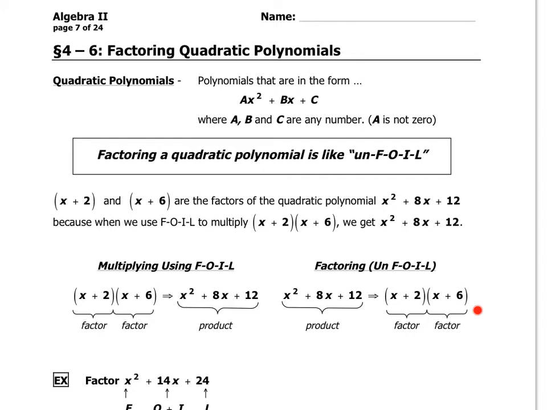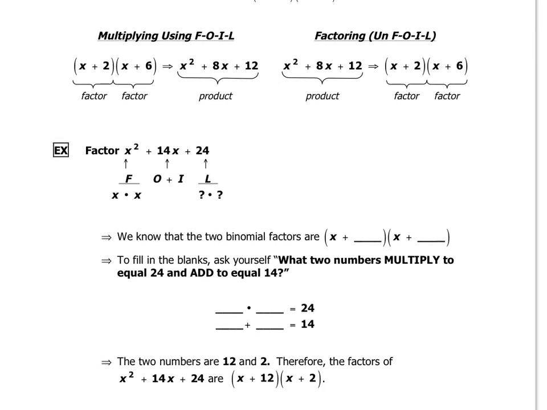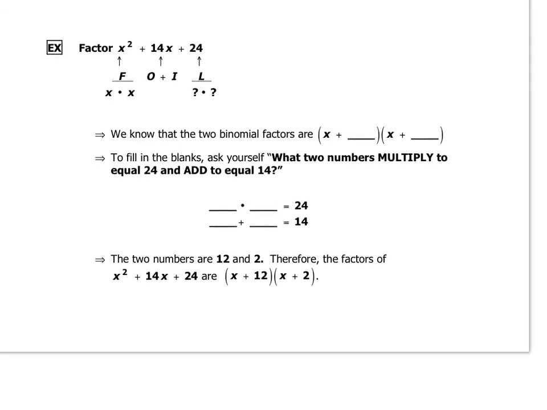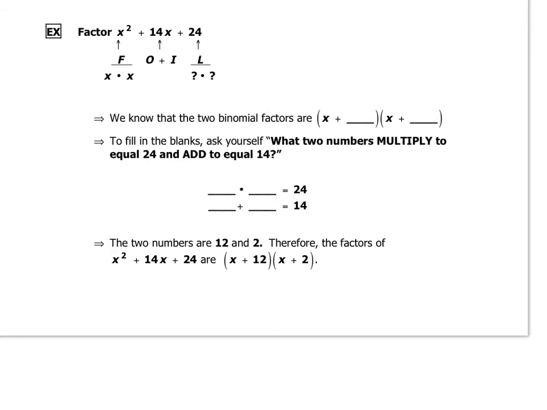That's what we're going to be figuring out how to do today. What we're doing is called factoring. If we take a look further down the page, I've got an example. We're going to start out by factoring x squared plus 14x plus 24. Something I want you to realize is that when we FOILed, the x squared came from the two firsts, x times x.